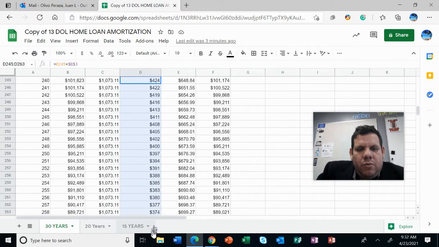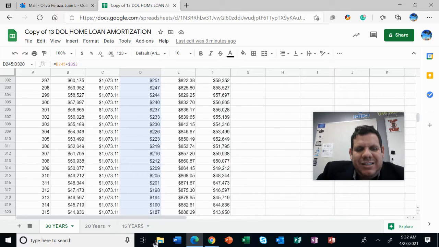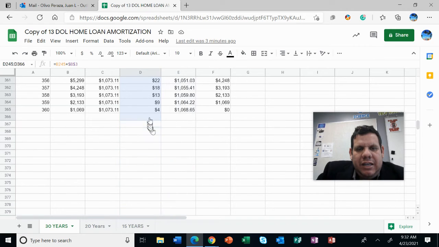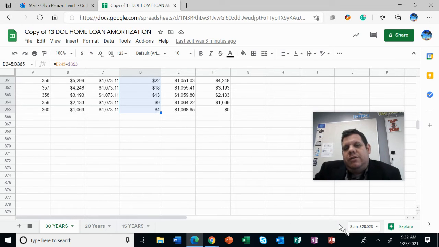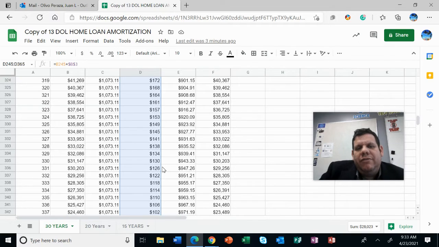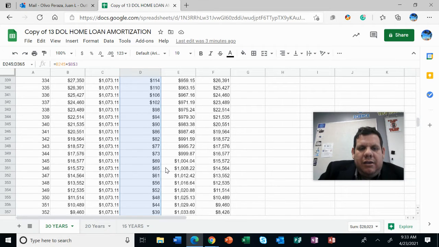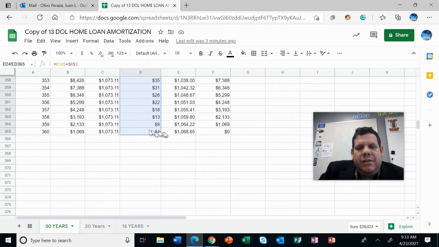Let's check what is the amount that you can save in interest. Okay, if you select that, it'll say 28,000 US dollars. And why? Why do we have this? As you can see, at the end of this loan, you are just paying $4.